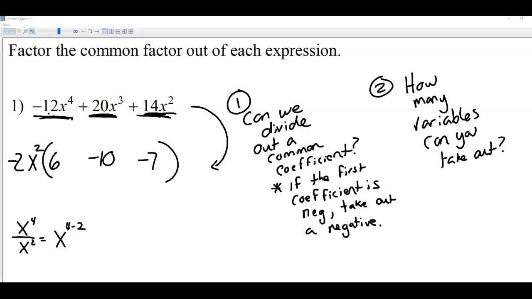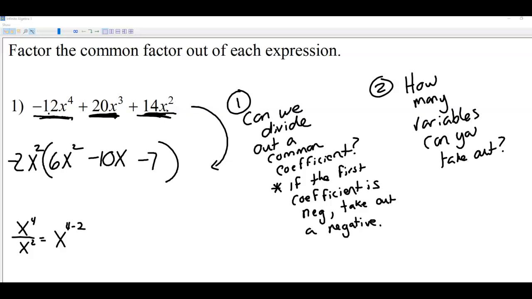Whatever you take out, just subtract that number from that number. So 4 take away 2 is 2. So there's 2 x's left here. This guy had 3 x's, but I'm taking out 2 of them, so how many will be left? 1. This guy had 2 x's, and I took 2 x's out, therefore he no longer has x's left.